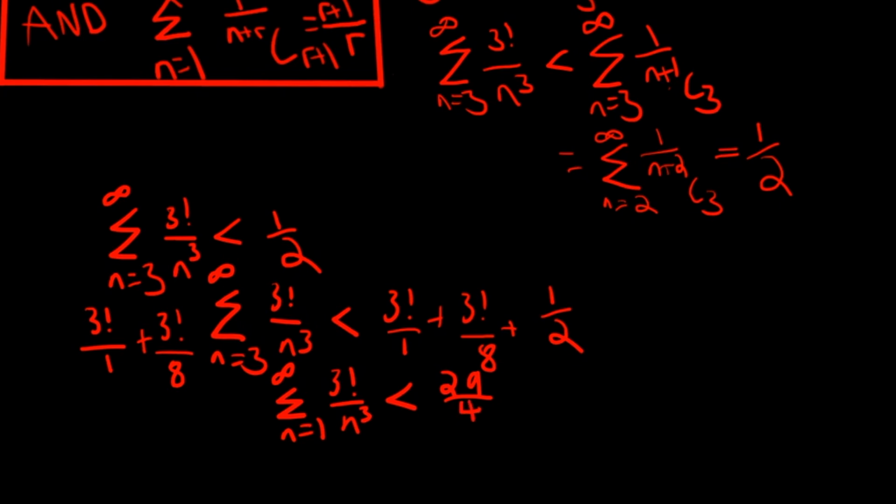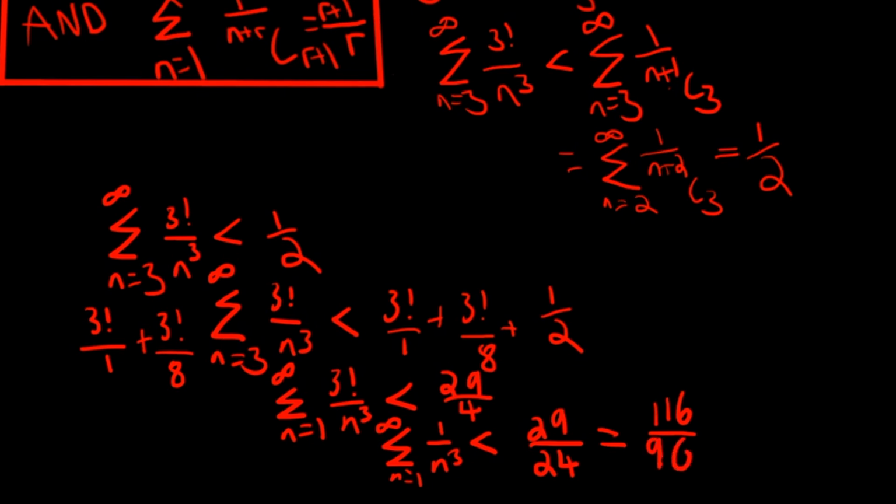So as I was saying, we can divide both sides of the inequality by 3 factorial, and that'll give us the sum from n equals 1 to infinity of 1 over n cubed is less than 29 over 4 times 3 factorial, which is 24. And 29 over 24, if you multiply top and bottom by 4, is 116 over 96, which is the right-hand side of the inequality.